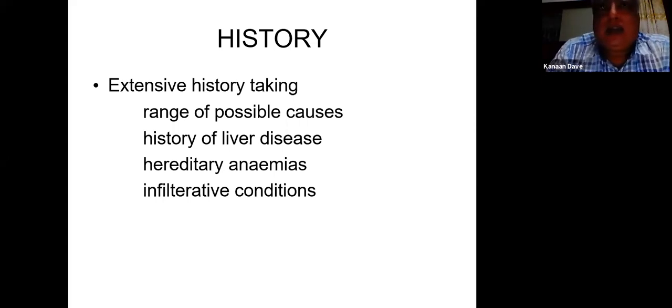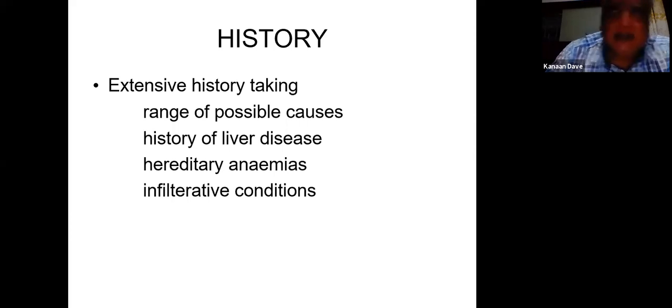Is he from an area where leishmaniasis is endemic? Are there any systemic symptoms like weight loss, fever, night sweats, and so forth? History of contact with TB, that all comes into your history. And with practice, you are able to elucidate a very good history that will enable you to elucidate the possible causes. And then history of liver disease is important.